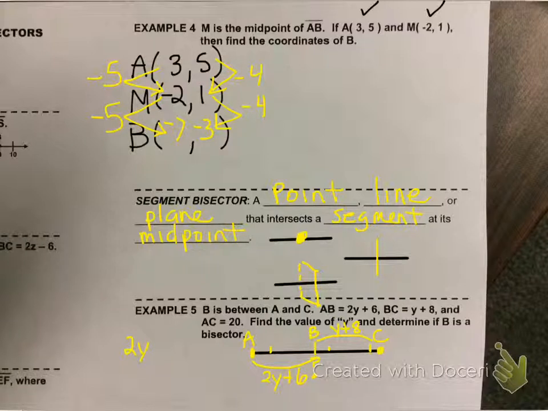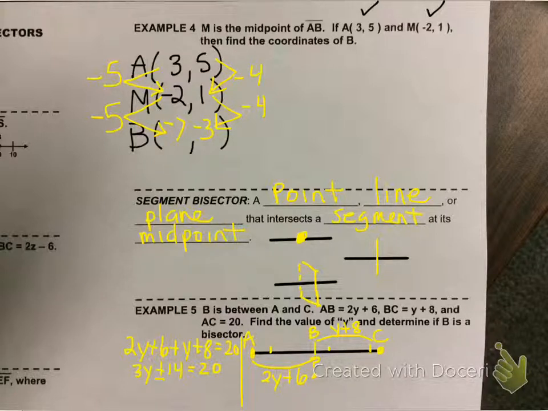I add them together. So I'm going to add y plus 8, and all of that has to equal 20. Now we're just going to solve this. I know that I have 3y plus 14 is 20. Again, all I did is combine my 2y and my y and got 3y, and then the 6 and 8 and got 14.